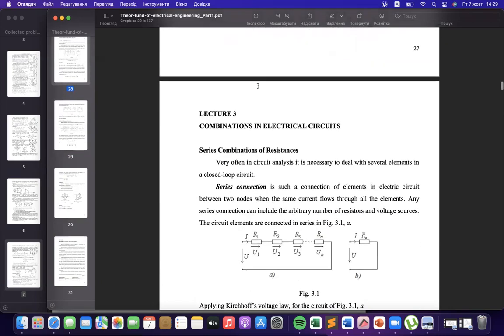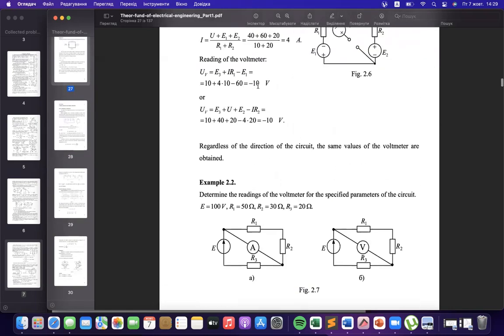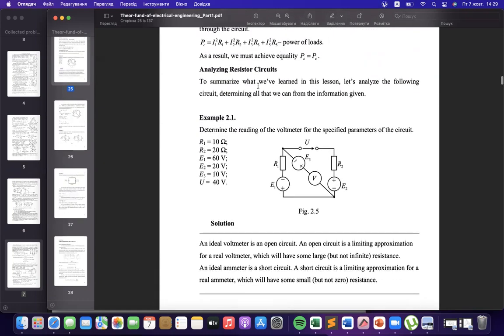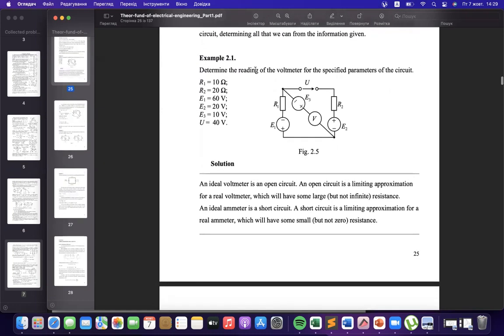Let's start from the examples that we have here in our methodical book, and then we'll be moving forward. We have some mathematical model of an object, an electrical network, and here we have 3 sources of voltage, E1, E2, and E3.